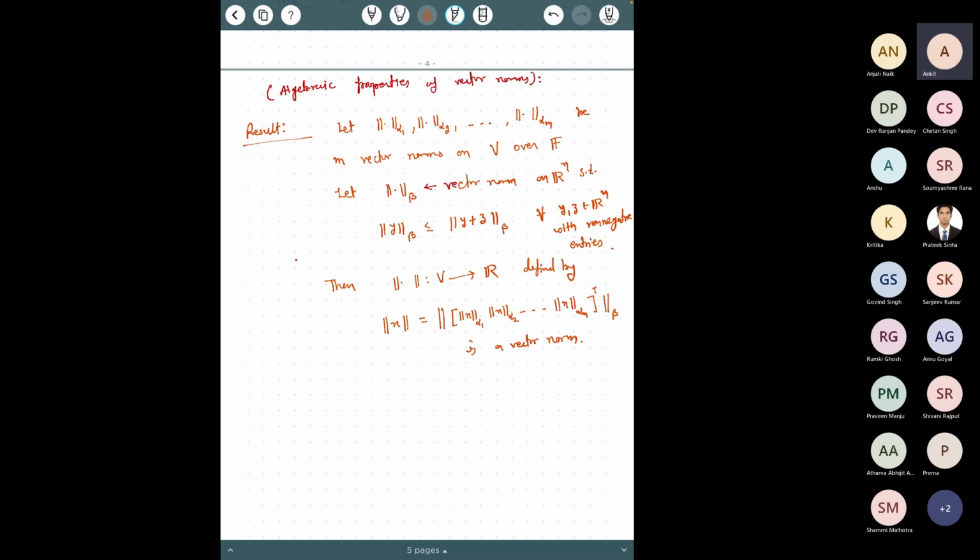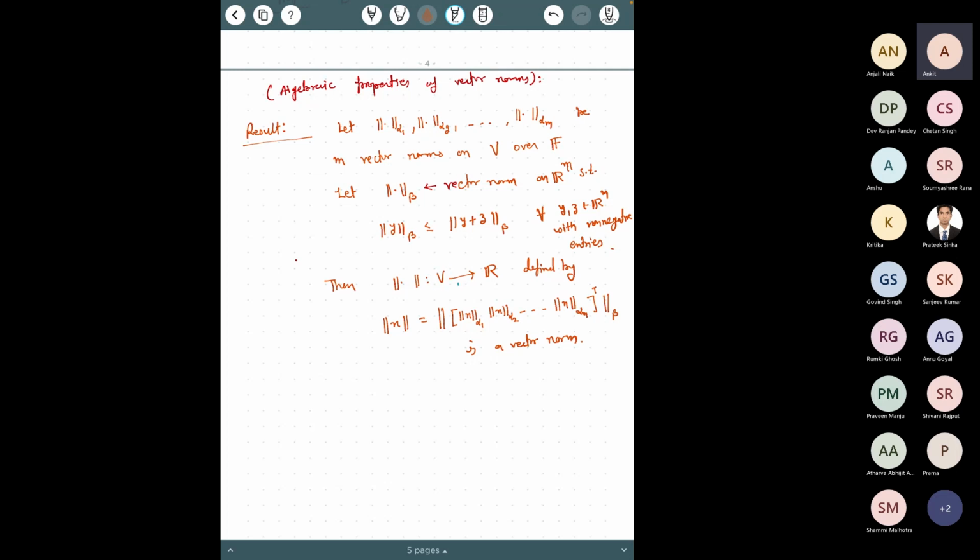So these are m norms on V. And suppose that we have one particular norm, which I am denoting by this beta norm, on Rn, such that this norm satisfies this monotonicity. That means if I take any two vectors y and z with non-negative entries, then this norm should satisfy this property. If this is the case, then this function from V to R defines a norm on V.